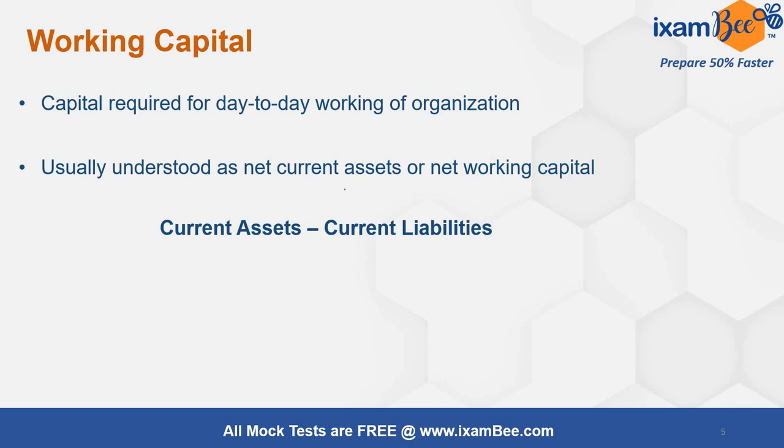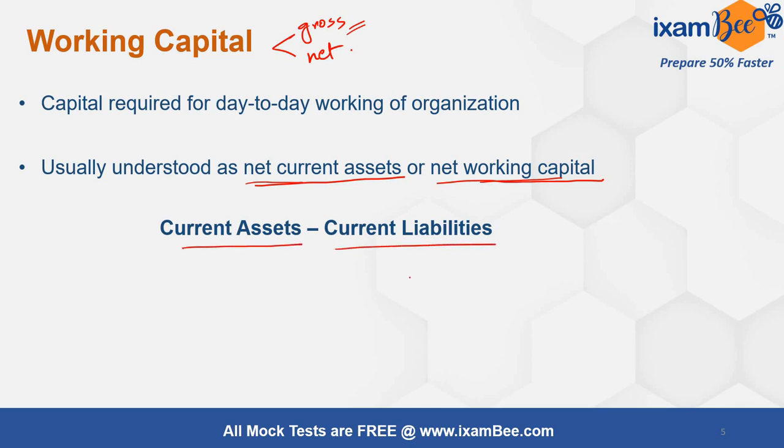When we are talking about working capital, it could be both gross or net, but mostly we refer to the net current assets, also known as the net working capital. The gross concept can also be there. However, as I am repeating, net current assets or net working capital is what is mostly talked about, which is represented as current assets less current liabilities.